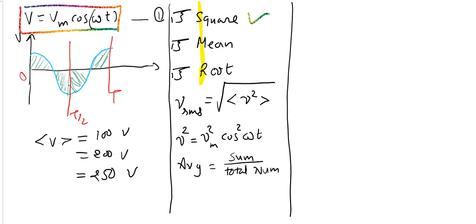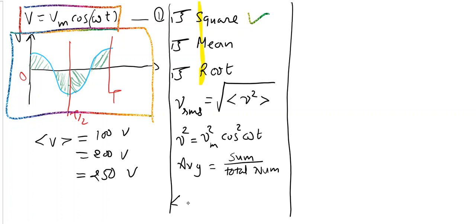But when it is continuous value, like in this case, where we have continuous values of function of cos, in that case, to find out average of say v square, what you have to do is you have to take integration of v square over time and then divide it with total time.